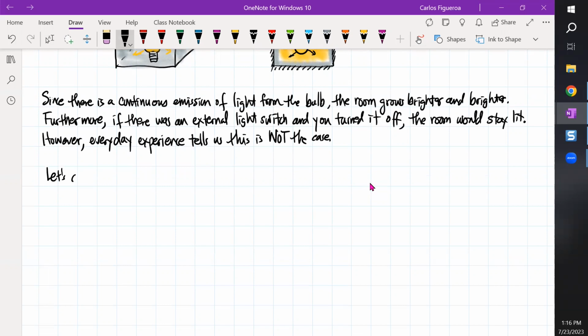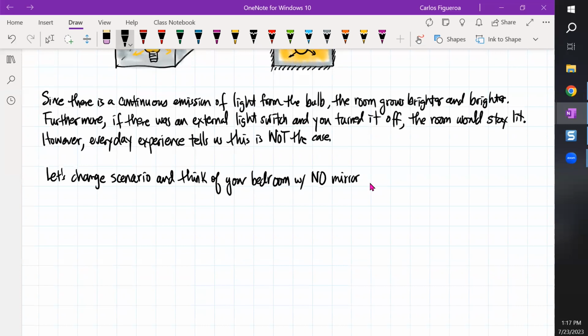Let's change scenario and think of your bedroom, with no mirrored walls.